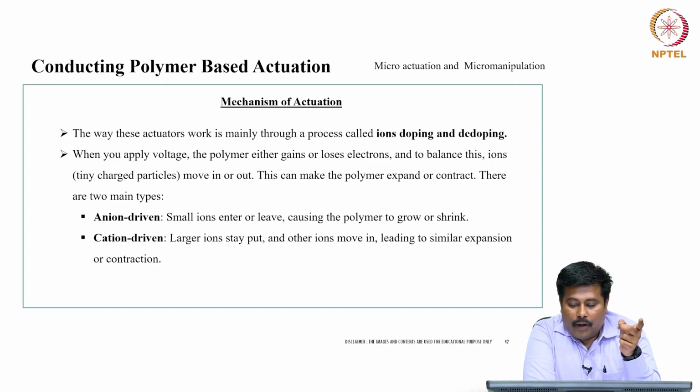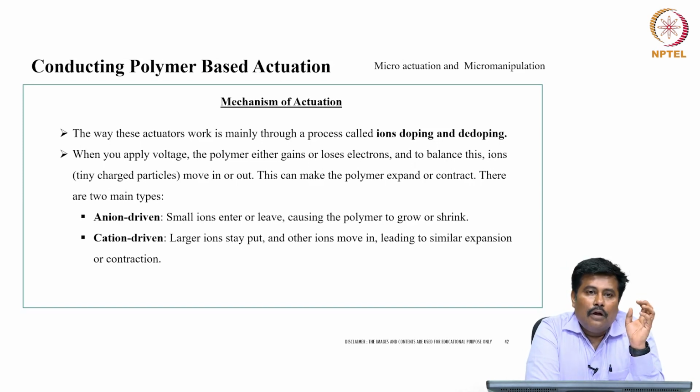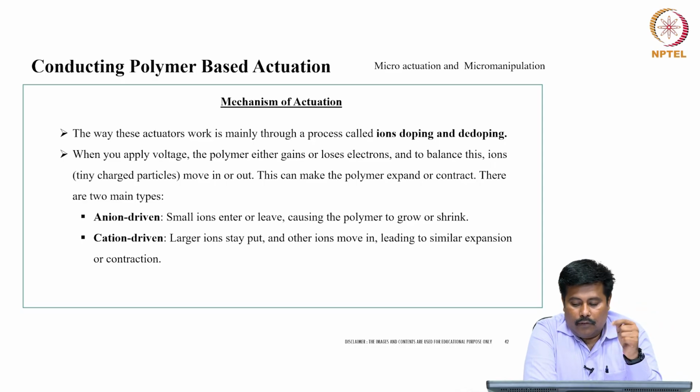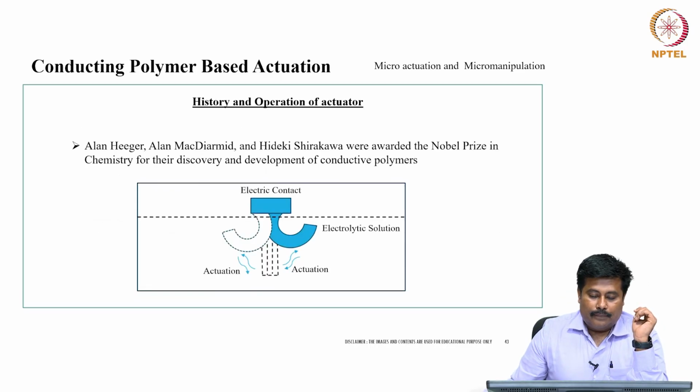This can make the polymer expand or contract. There are two main types of mechanism. One is anion driven, where small ions enter or leave, causing the polymer to grow or shrink. The second is cation driven, where large ions stay put and other ions move in, leading to expansion or contraction.